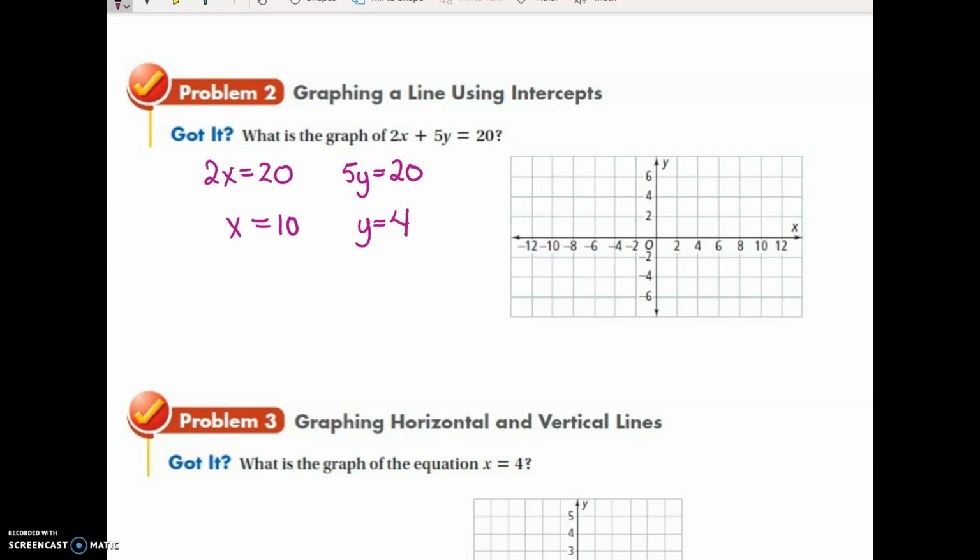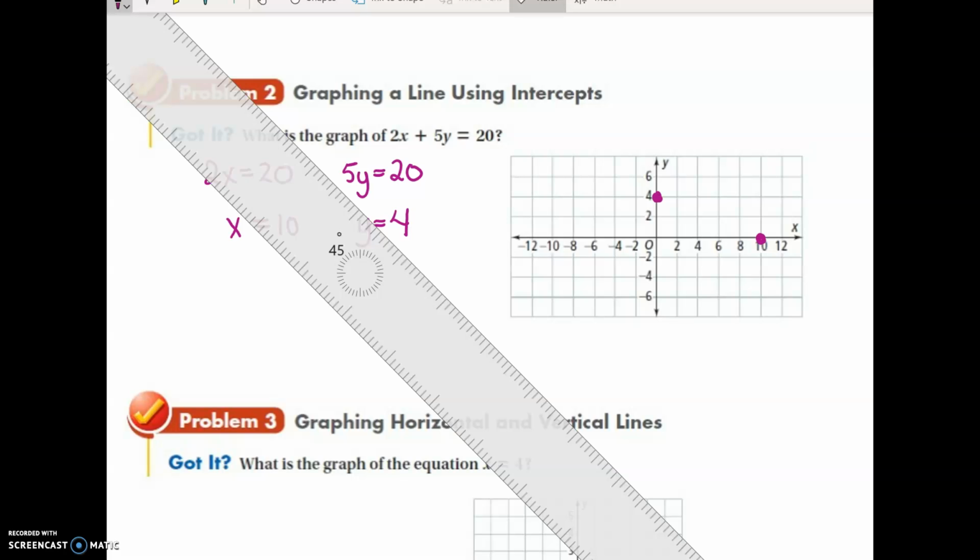and I know that those are points. I know this one's on the y-axis, so I'm probably not going to write it as an ordered pair. I'm just going to go on the y-axis and make a dot here at 4. Same thing here, go to my x-axis, make a dot at 10, and then I would just graph those relationships there.